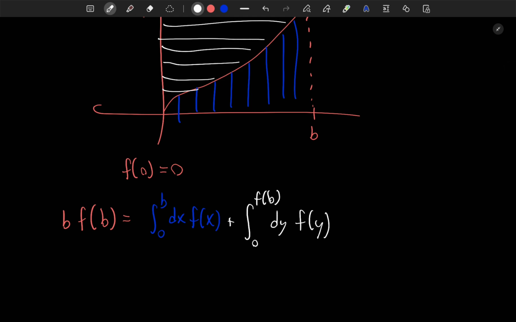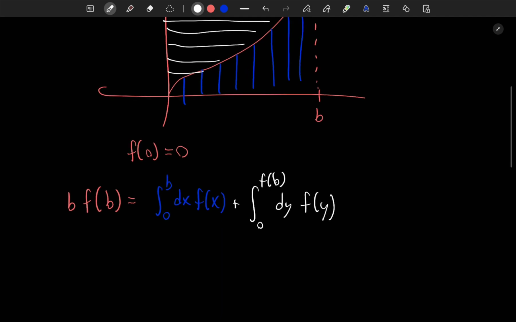We want to generalize this to just find antiderivatives up to a constant for inverse functions. And of course, this is an inverse function. Well, this gives us f inverse of y.